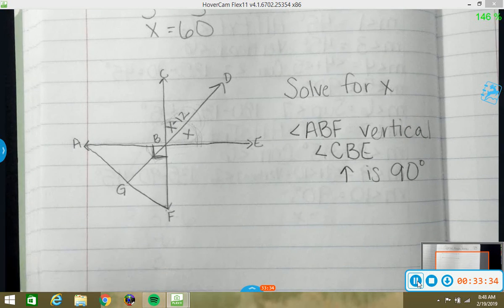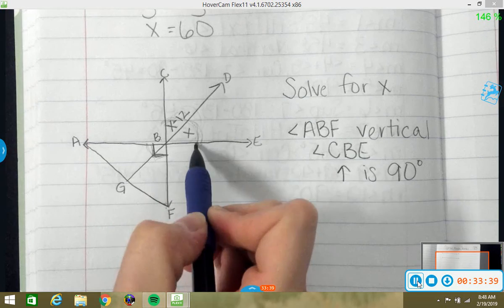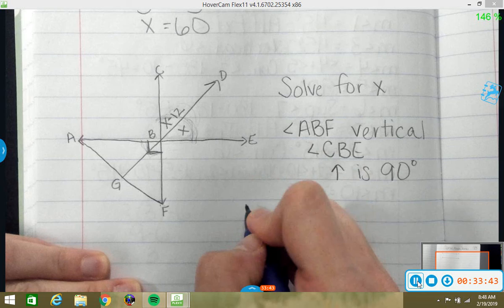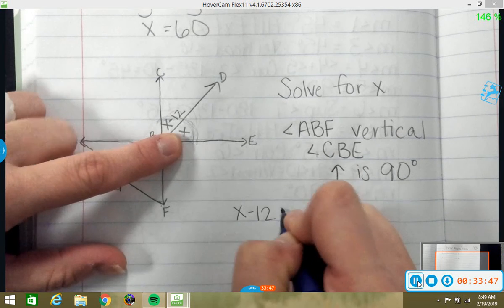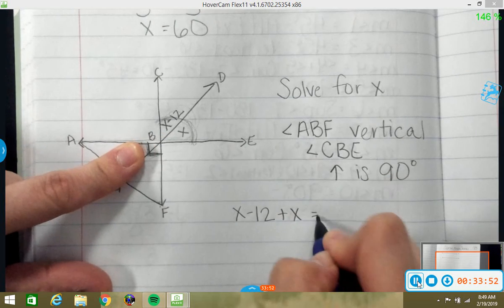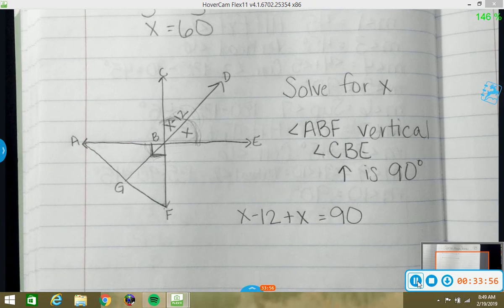So how am I going to solve for x then if I know that this is 90 degrees? x minus 12 plus x equals 90. Right. So make me an equation. x minus 12 plus x, so that's these two combined, equals 90 degrees. Go ahead and solve for it.